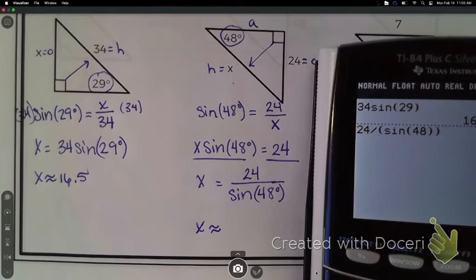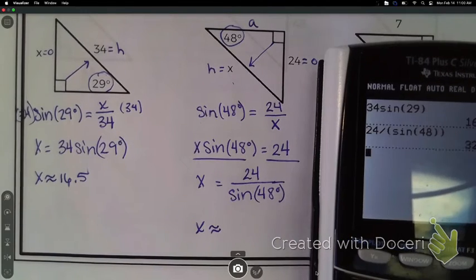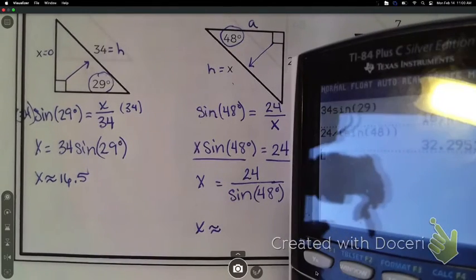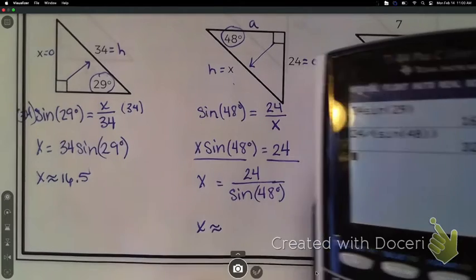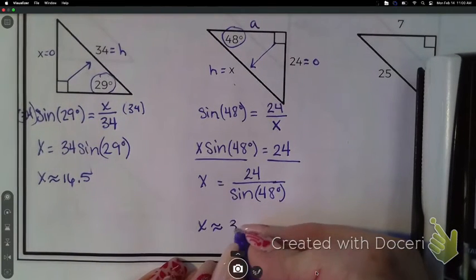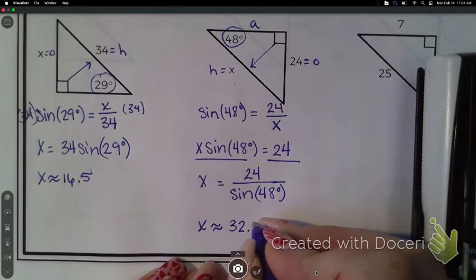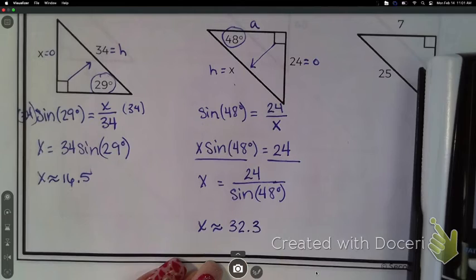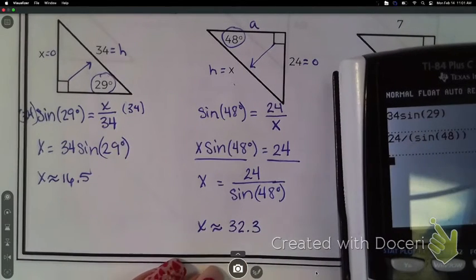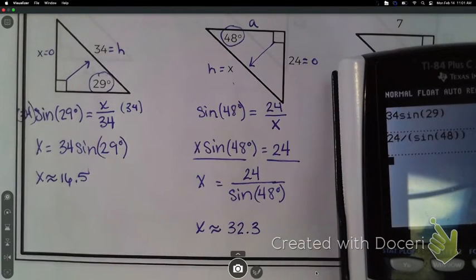And then enter, and you should get 32.3. Okay. Did everyone get approximately 32.3? It would help if I put them in the right spots. Yes, you have to put them in the right spots, because if you do not, you will get the wrong answer.